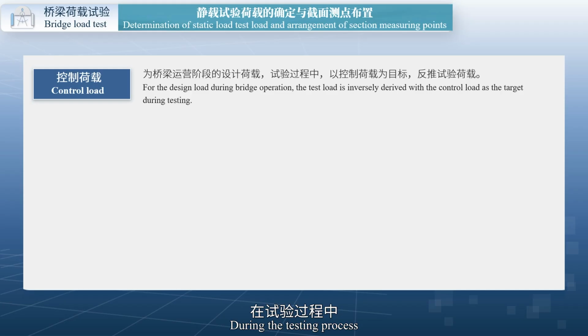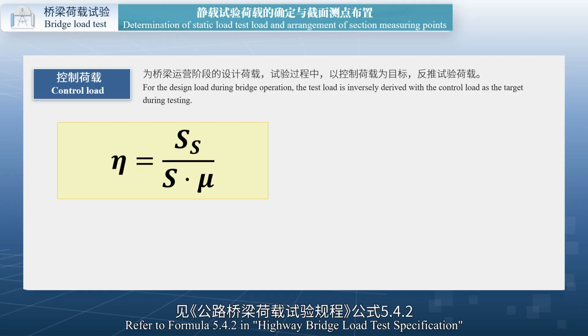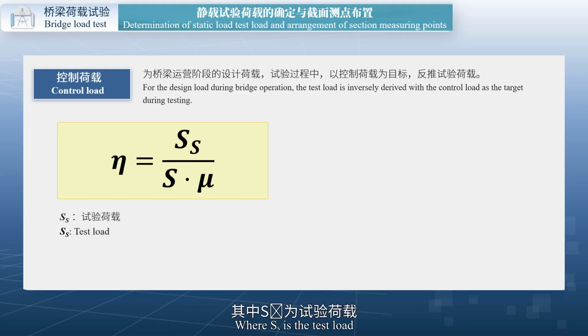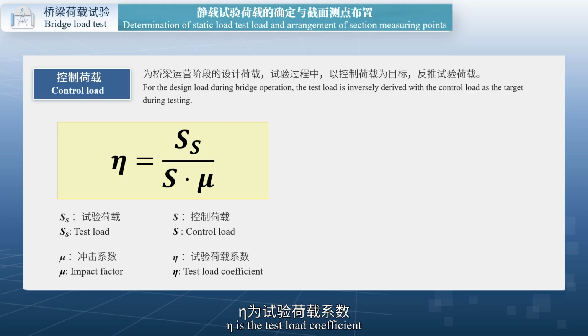During the testing process, with control load as the goal, we back calculate test loads. Relationship between test load and control load: refer to Formula 5.42 in Highway Bridge Load Test Specification, where S is the test load, S is the control load, mu is the impact factor, eta is the test load coefficient.